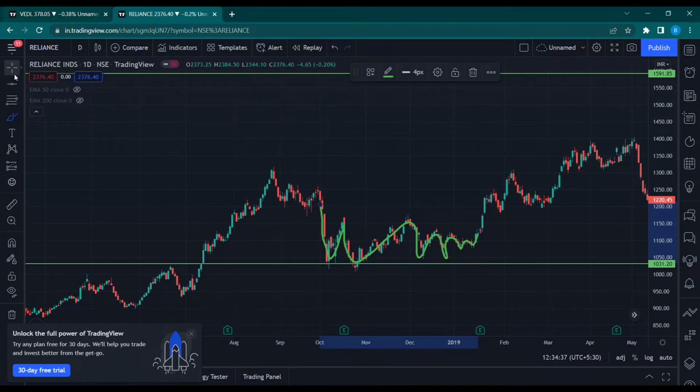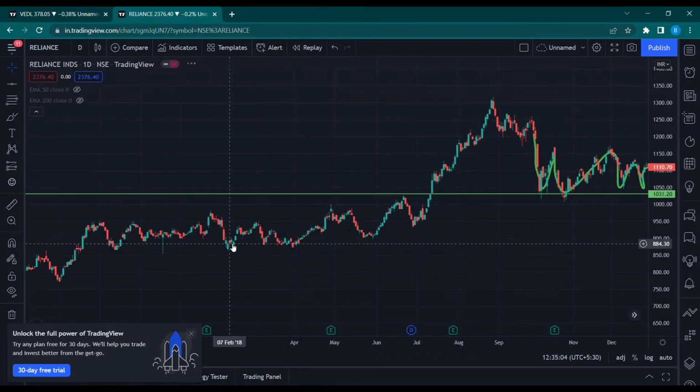So what does this tell you? Isn't this level acting as a support for the prices? Support is any level from where the prices bounce. In this case you see prices bouncing 1, 2, 3, almost 4 times from the levels of around 1030 or 31.